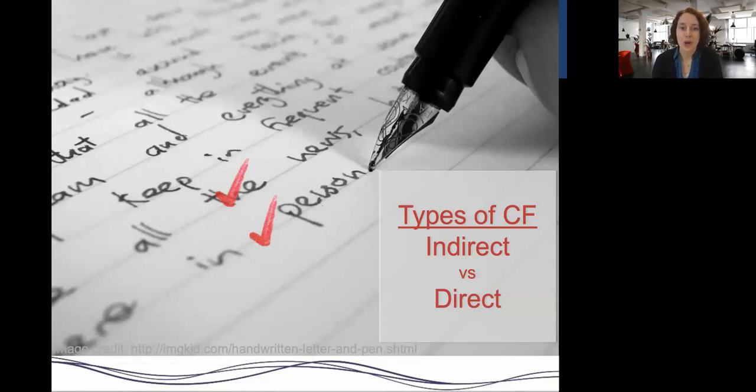Alternatively, they could use a code to indicate to the learner the type of problem. The key is in indirect corrective feedback, the correction is not provided. The learner is supposed to work it out for themselves, to engage with what they've been given. On the other hand, direct corrective feedback supplies that correction directly onto the paper.